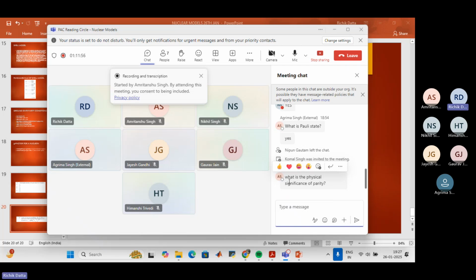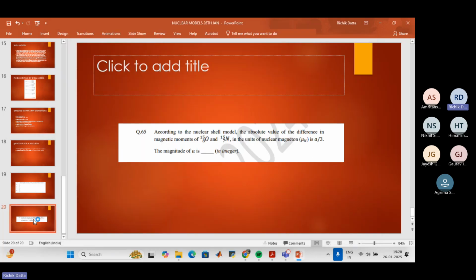So how can we distinguish them? Parity does that job: this particular particle has negative parity, this one has positive parity.